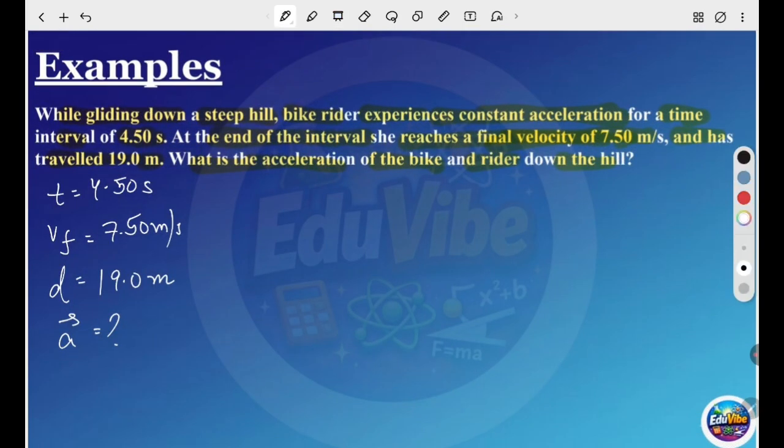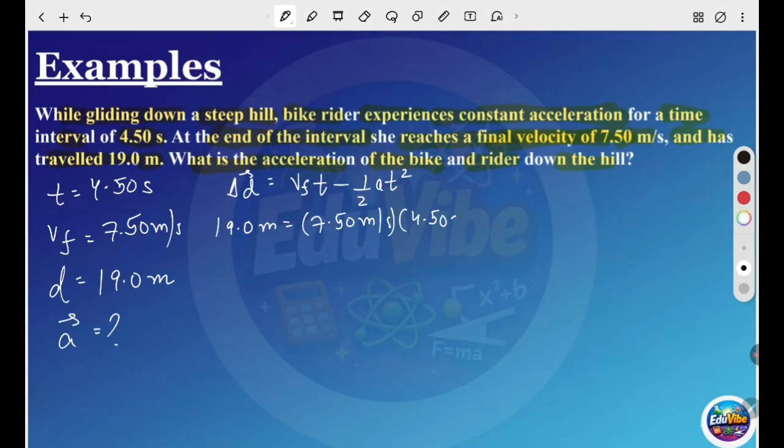Put the equation on this: delta D is equal to final velocity times t minus half a t squared. So you have distance of 19.0 meters, which is equal to the final velocity, 7.50 meters per second, times the time of 4.50 seconds, minus half.